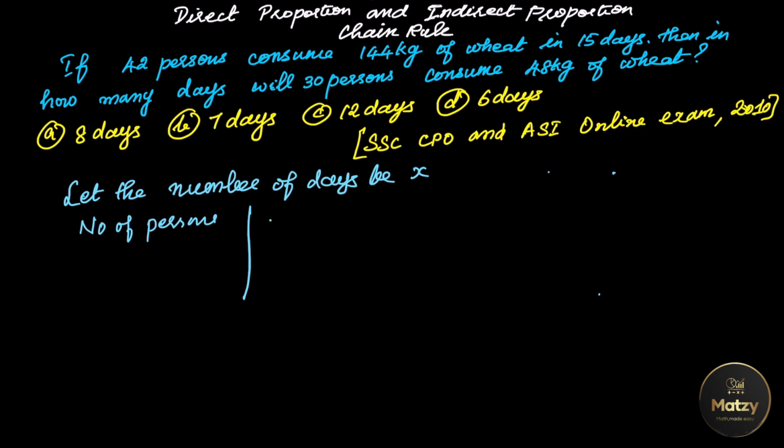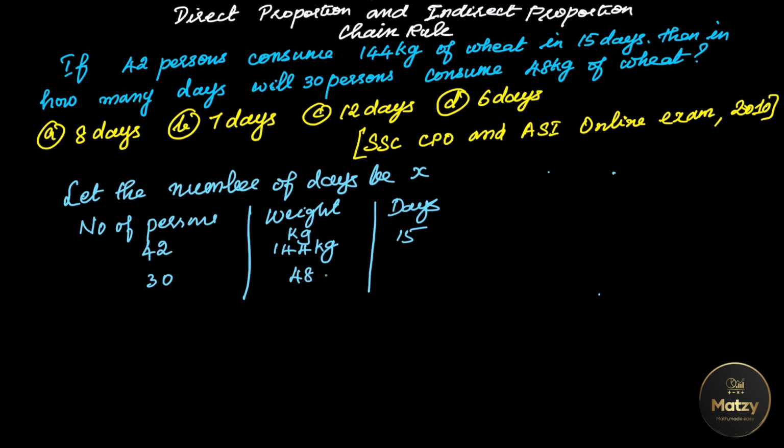Then, weight of wheat, weight in kg. Next, number of days. Okay, 42 persons consume 144 kilogram of wheat in 15 days. Next, 30 persons consume 48 kg of wheat in how many days?